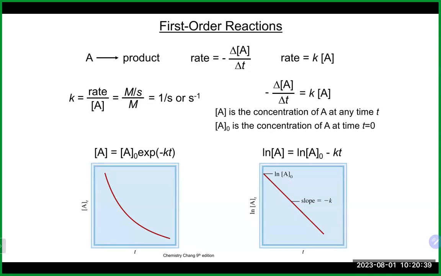So second order is where you usually top out, or maybe third order. But usually 0, 1, and second order overall are really the most common types of reactions that we come across.